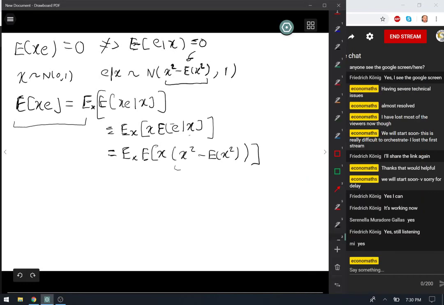So we assume, in essence, that it comes from a normal distribution, or you can just directly assume that E of e given x is x squared minus the mean of x squared. And if we expand all this out, this equals, again taking the expectation within, E of x.